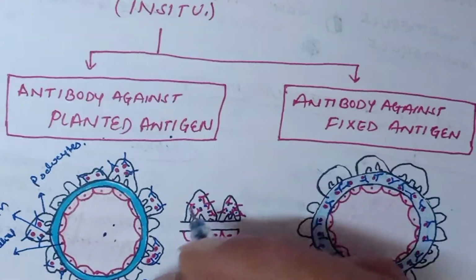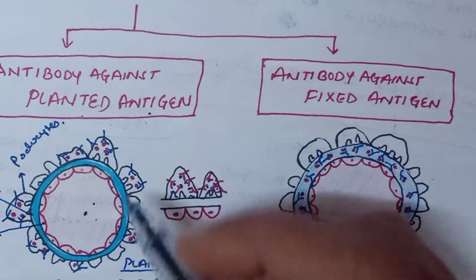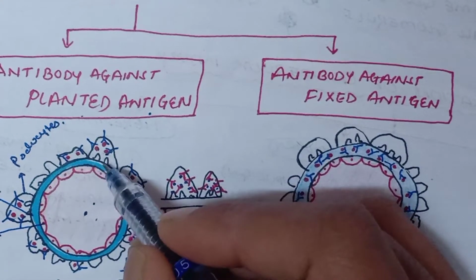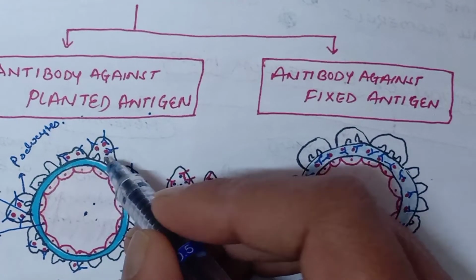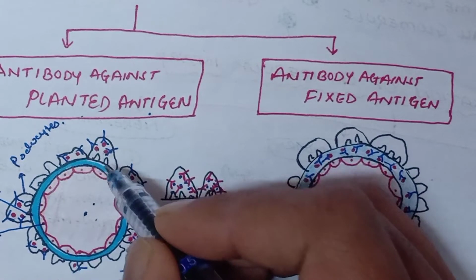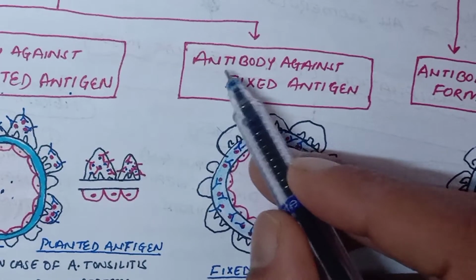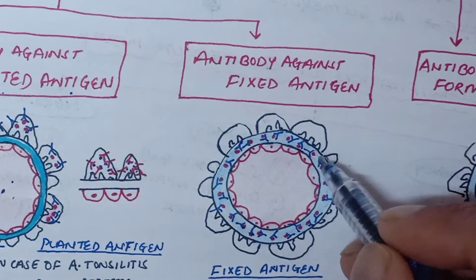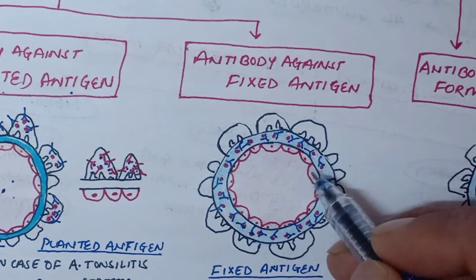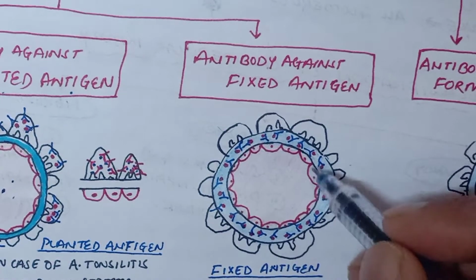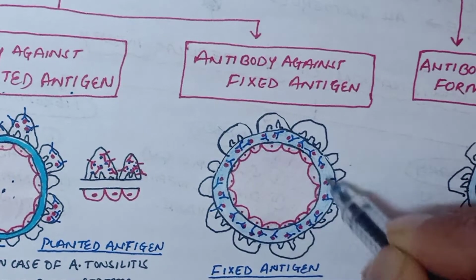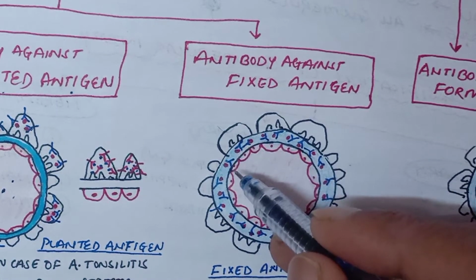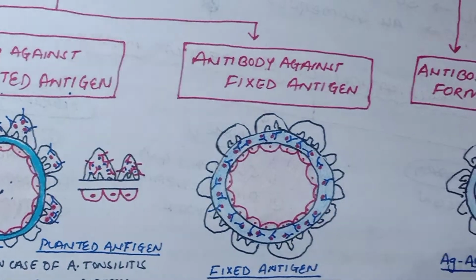So in case of planted antigen, bacteria was acting as an antigen which got planted in the podocytes, and antigen antibody complexes are formed in the podocytes, thus resulting in glomerulonephritis. Now in case of antibody against fixed antigen, antibodies are formed against the alpha 3 chain of type 4 collagen of the basement membrane, and the antigen antibody complexes are formed in the basement membrane, thus destroying it and resulting in glomerulonephritis.